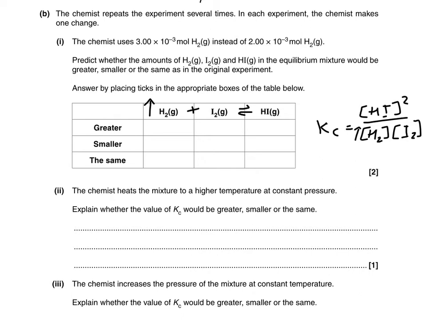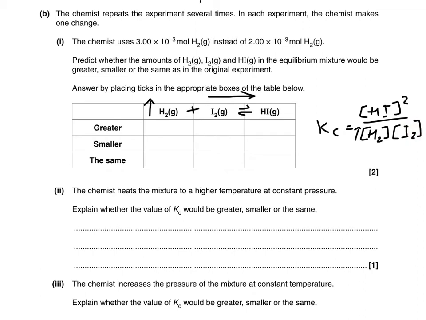So this goes up. The equilibrium overall will move in this direction in order to reduce it. So for Kc to stay as it is, this will need to get smaller, and so will this. Sorry, this will need to get bigger, and this will get smaller.